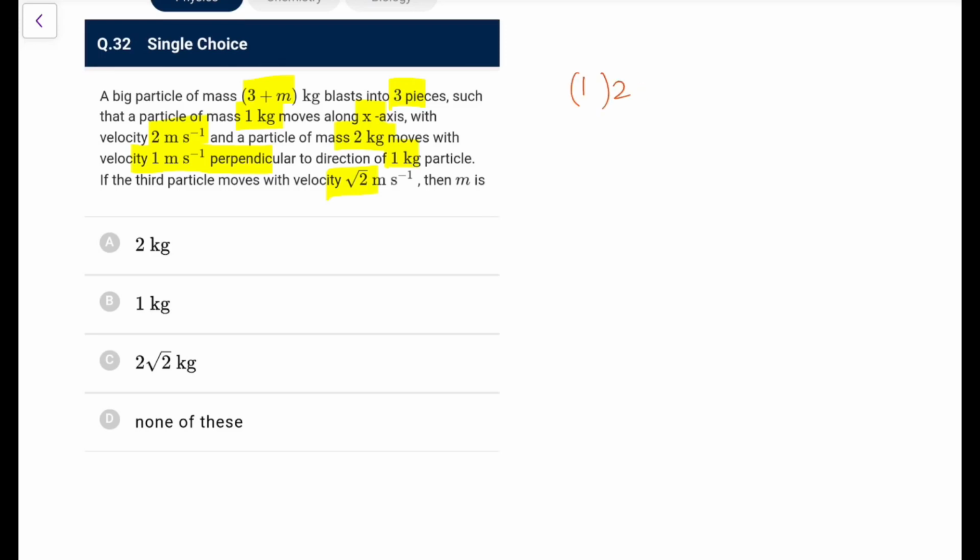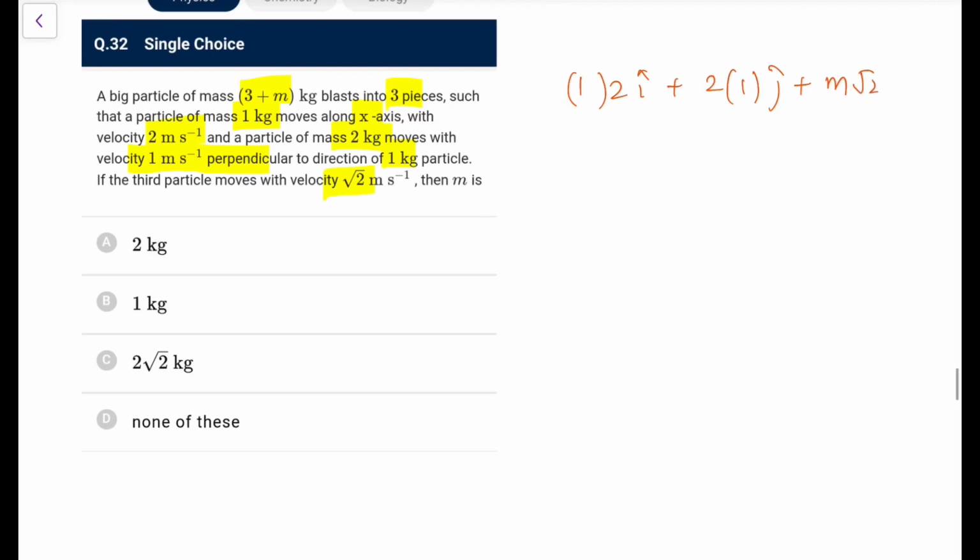So 1 into 2 i cap, let's write it like this, and 2 into 1 j cap, let's write it like this, and the third mass would be m. Okay, m plus 3 is the total. So m into root 2, whatever be the n cap direction, you can write, would be equal to 0. So what we have, m root 2 n cap would be 2 i cap plus 2 j cap. So if I have to take the magnitude only, m root 2 is equal to 2 root 2.